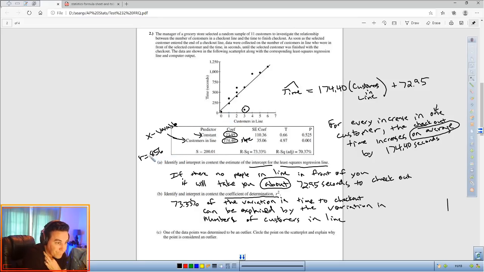Because when you square root that, it's always going to be positive, but you might have to put a negative sign on it. Remember, this is the standard deviation of the residuals. If you took all the distances from the actual points to the lines, remember that was the residual. That one is huge. All those distances from the points to the line of best fit, if you take all those and find the standard deviation, that's about the average distance away.